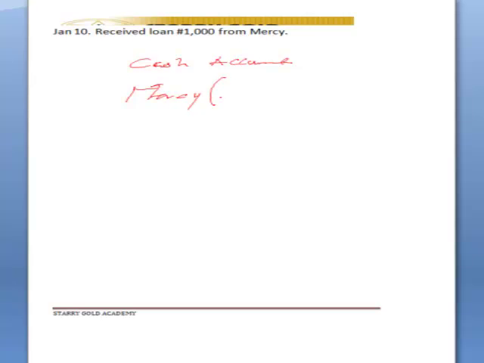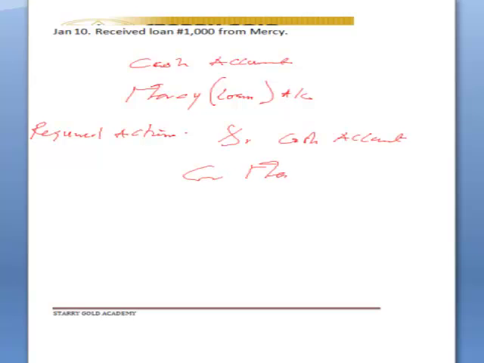You can say Mercy or loan account, whichever one stands for the second account. So the required action is that there is an increase in cash. So we shall debit cash account because cash account is receiving that amount, and credit whichever name you decided to use, Mercy account or loan account.